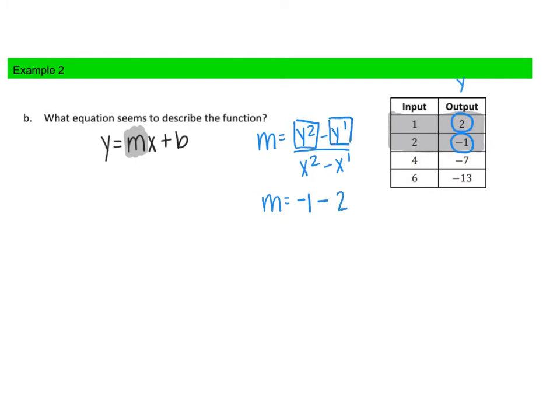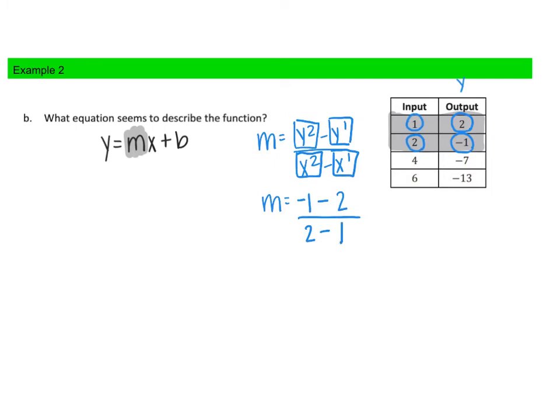So I have negative 1 minus 2, over, looking for my x2 position, the second x was 2, minus my first x position, which was a 1.